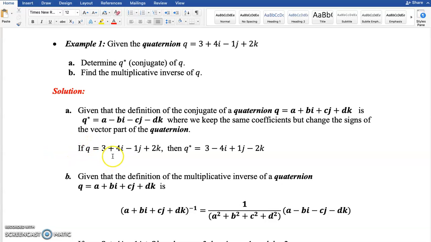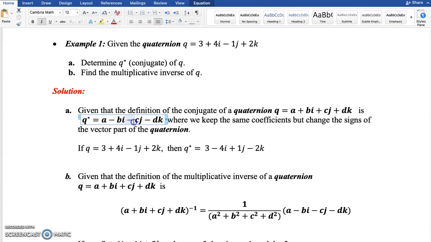We have that Q equals 3 plus 4i minus 1j plus 2k. So its conjugate is 3, which is the same, minus 4i, because here we have positive 4, so it's the negative of positive 4, then we have -4.